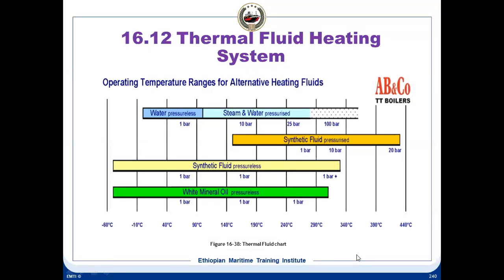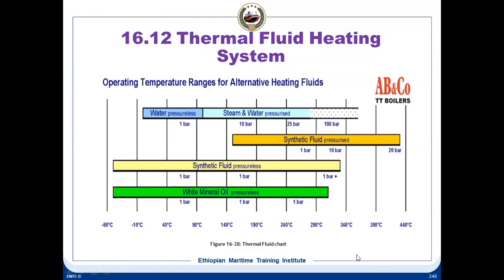We just talked about the fuel oil prior to injection, that needs to be heated up to 130, 140, 150, depending on the manufacturer's recommendation and on the fuel oil which you bunkered, but very rarely above that. In the industry, you can have heating requirements which are way more than 150 degrees centigrade.